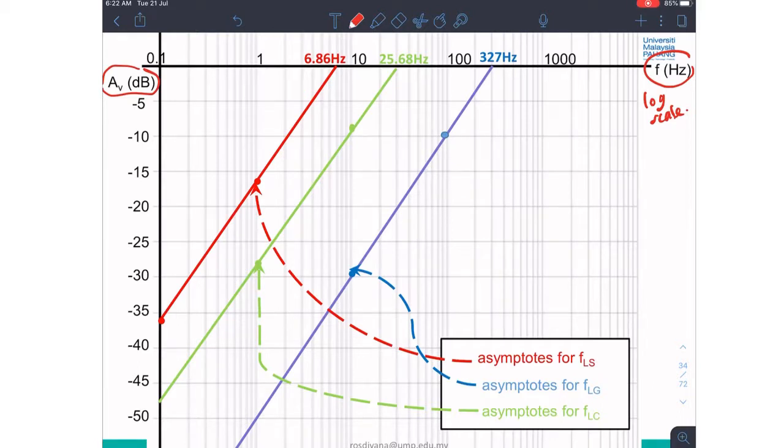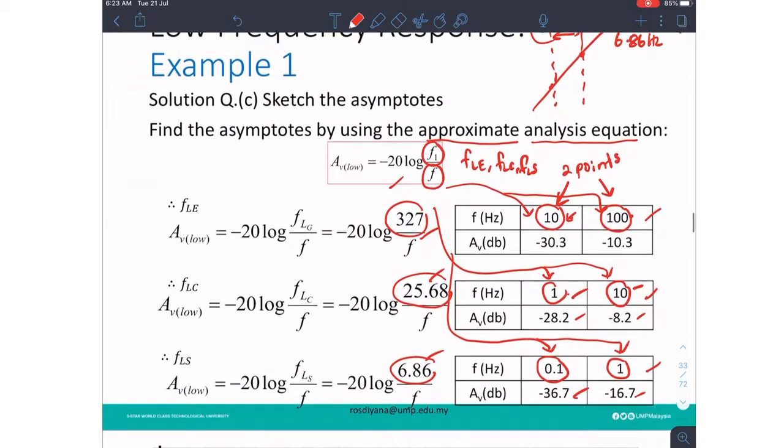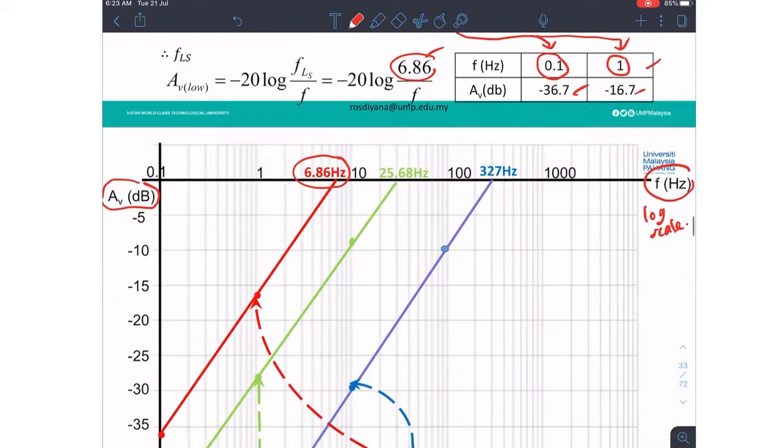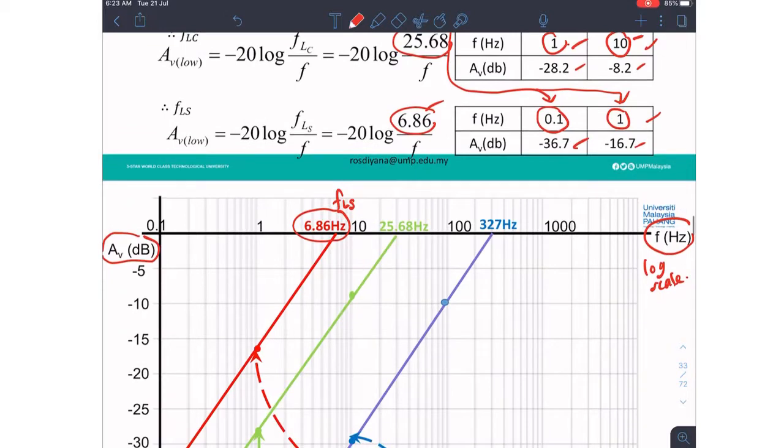For the first one, when we draw each point here, we calculate, let's say this is for the frequency 6.86. 6.86 is FLS. 25.68 is FLC, and this is FLE.